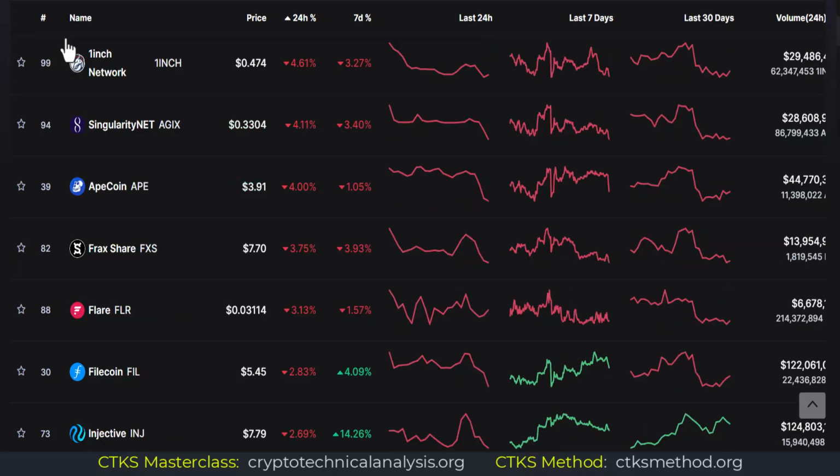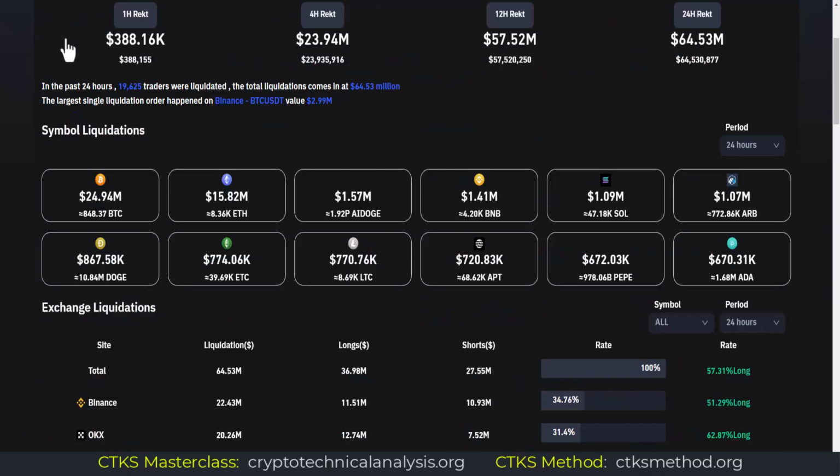The greatest losers in the past 24 hours: Top 100, 1inch, AGIX, APE, FXS, Fracshare, Flare, FLR, Filecoin, FIL, and Injective Protocol.